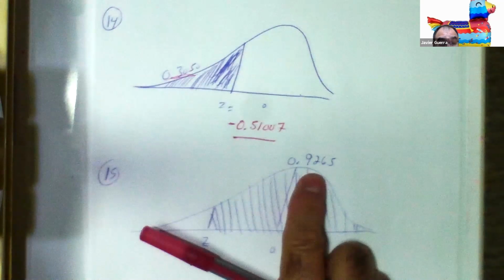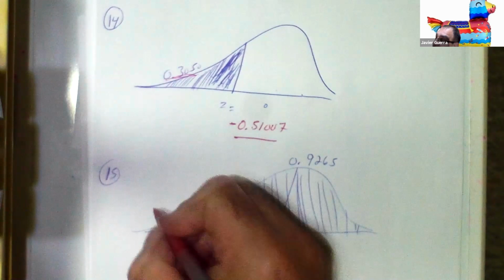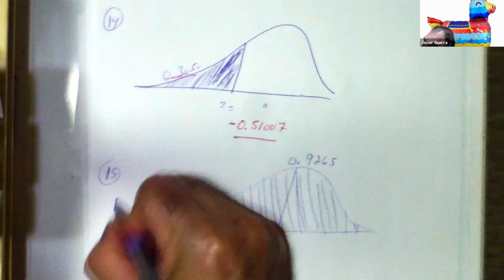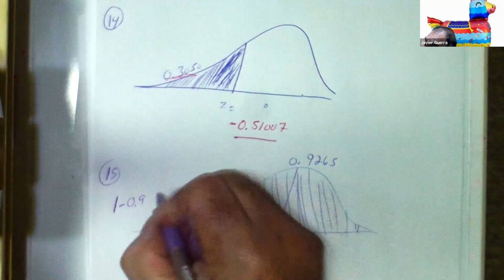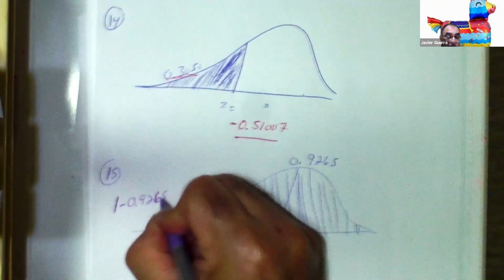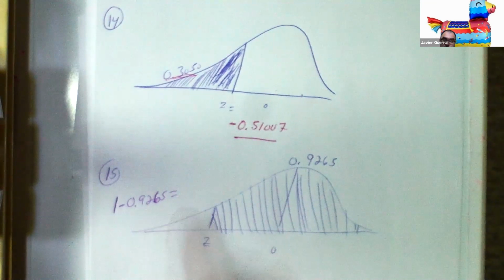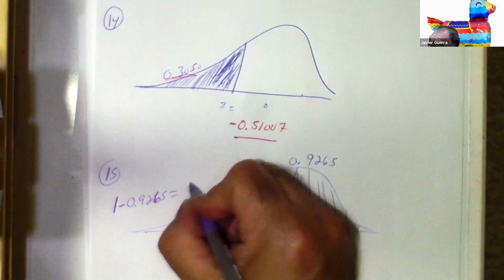So to figure out the white area, I'm going to subtract this number from 1. 1 minus 0.9265 gives 0.0735.